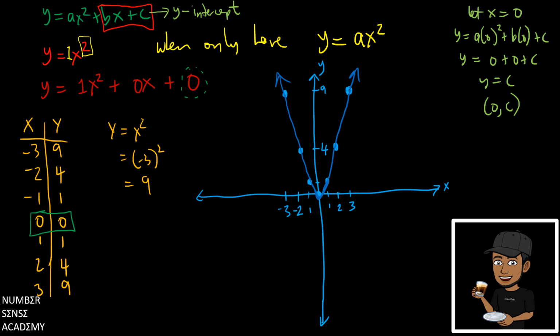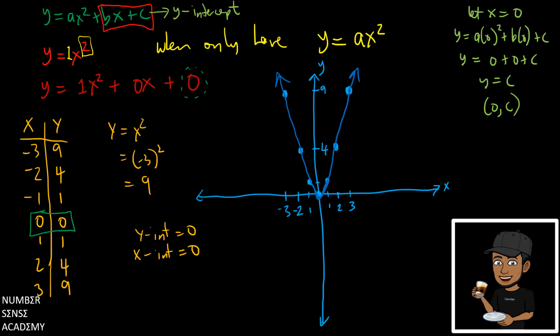Okay. So what am I noticing? When I have this equation where it's just y equals ax squared, the y-intercept is 0. Let's make a note of that. The y-intercept is 0, but the x-intercept is also 0.